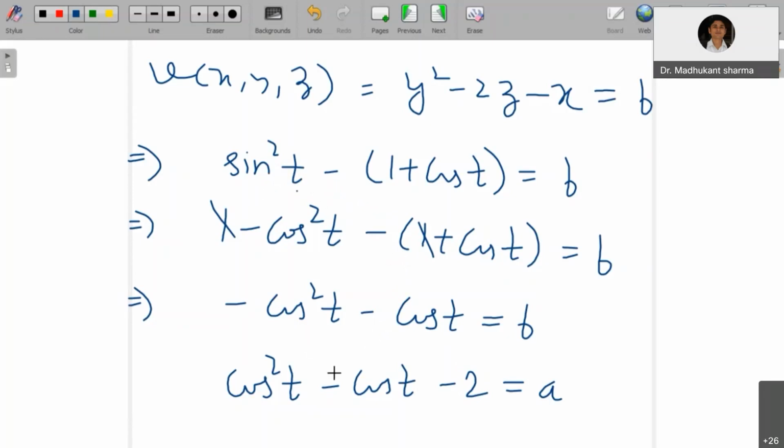Here we have to eliminate them: cos t equals 1 minus a minus b.